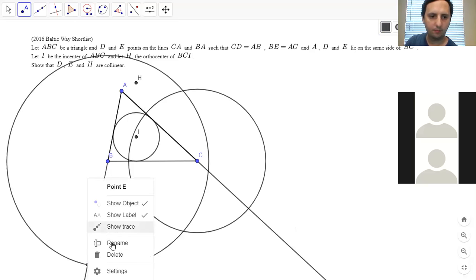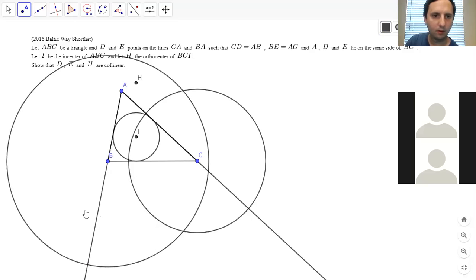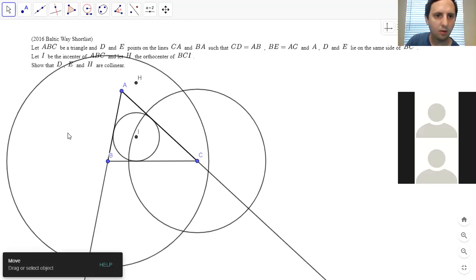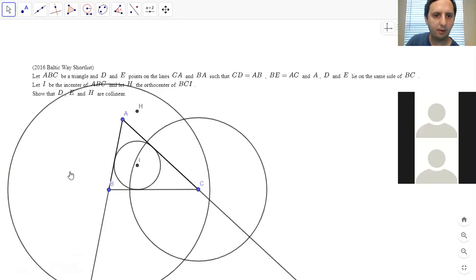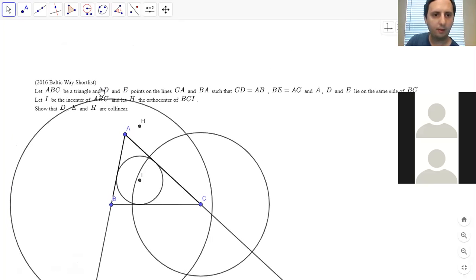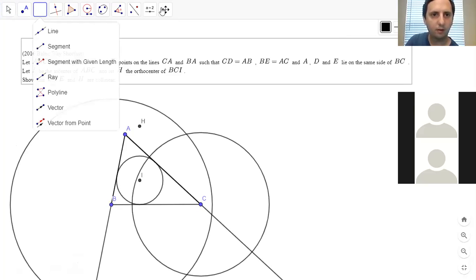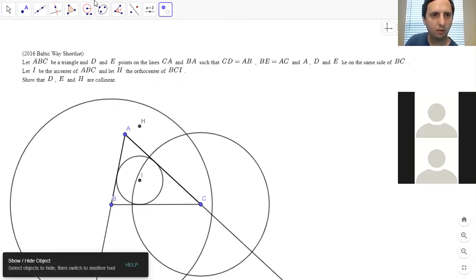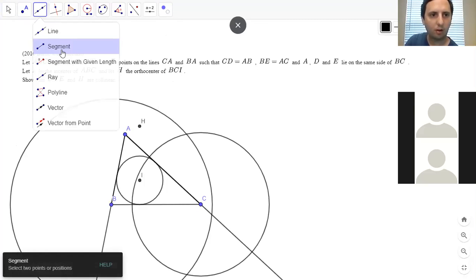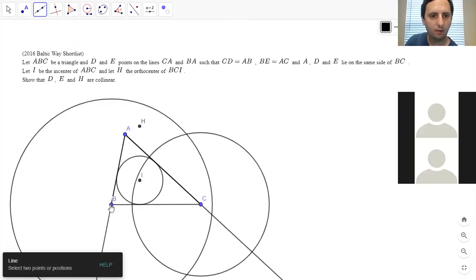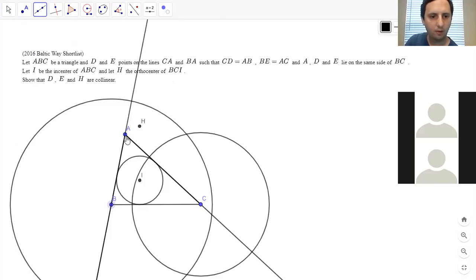Okay. So I need to extend AB. Actually, that makes things a little easier, because then you draw the whole line. Actually, let me first delete that other ray.